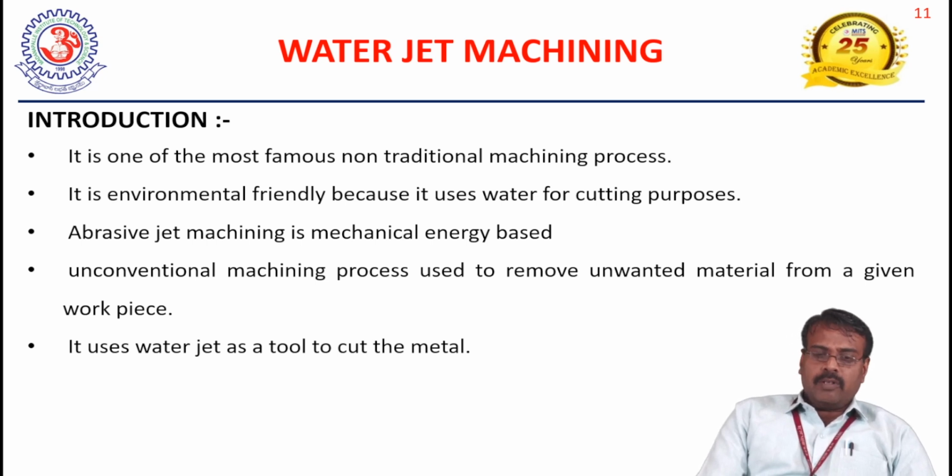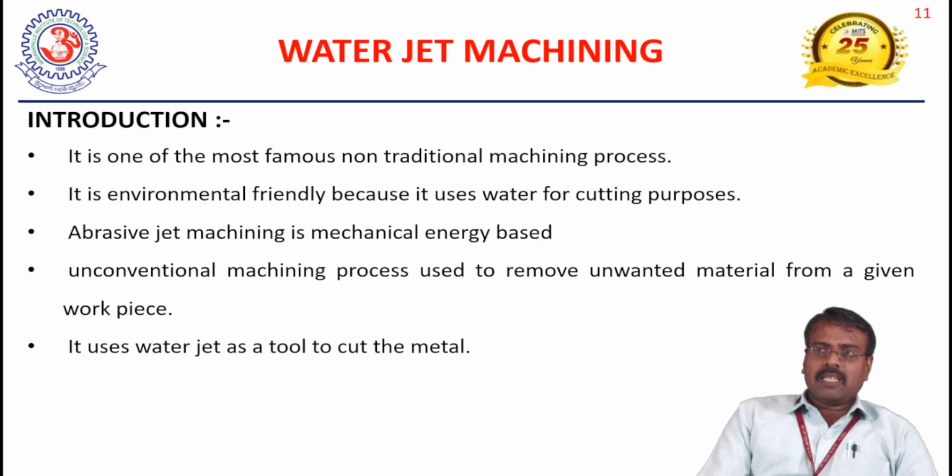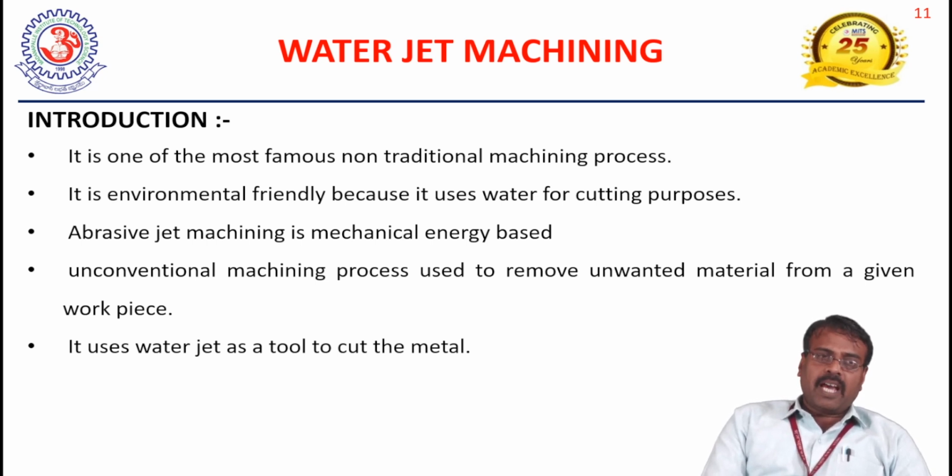What we are going to see is the water jet machining process. From the name itself, it denotes that we are allowing water at the highest pressure to hit the surface of the required material. What do we mean by high pressure? From a tap, we get 2 or 3 bar pressure.